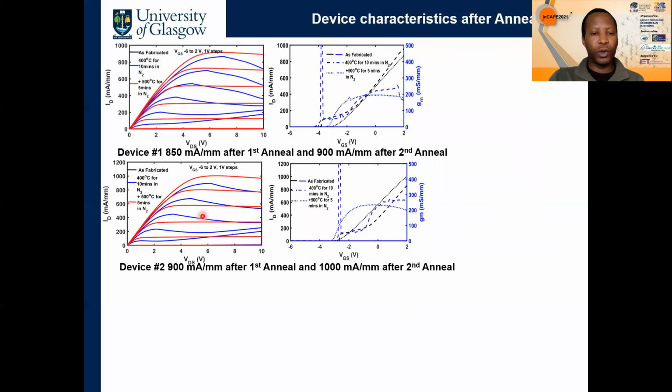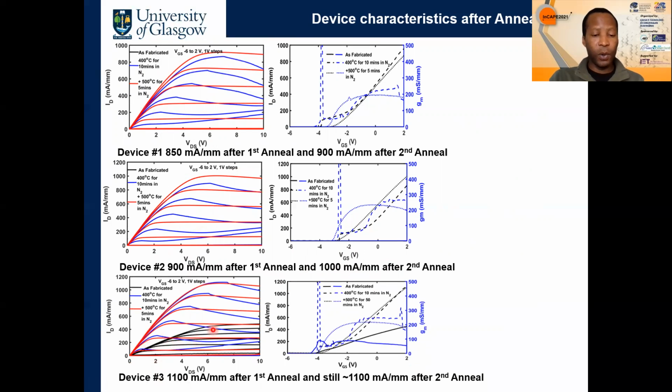Device number 2 showed similar behavior to device number 1, where the drain current increases to 900 milliamperes per millimeter after the first anneal step, and this increases further to 1000 milliamperes per millimeter after the second anneal step, with better self-heating behavior and stable transfer characteristics.